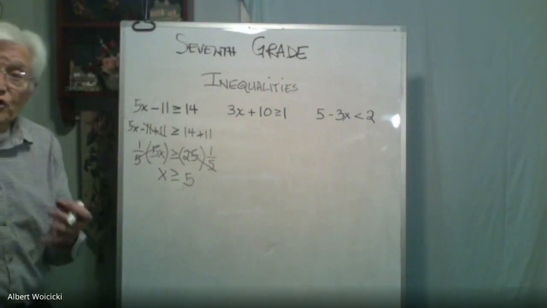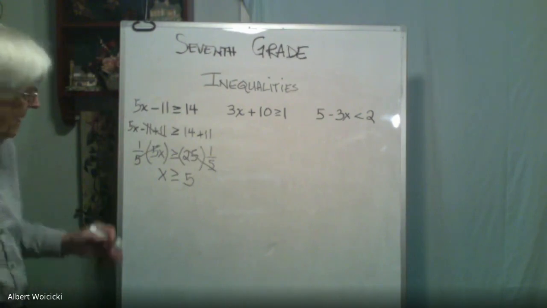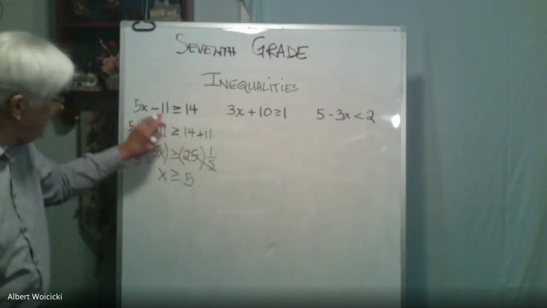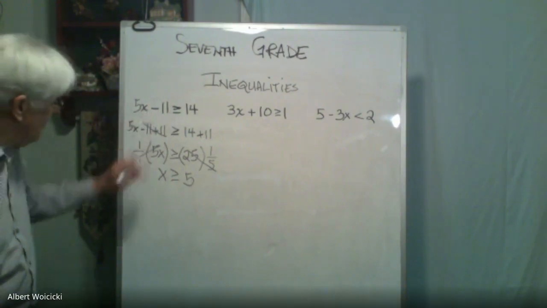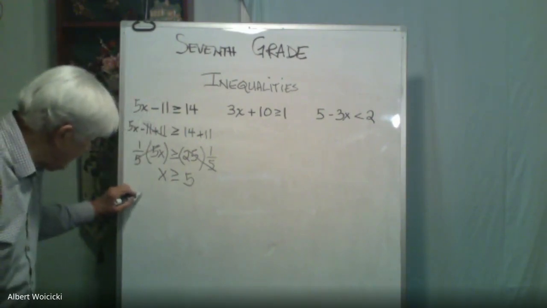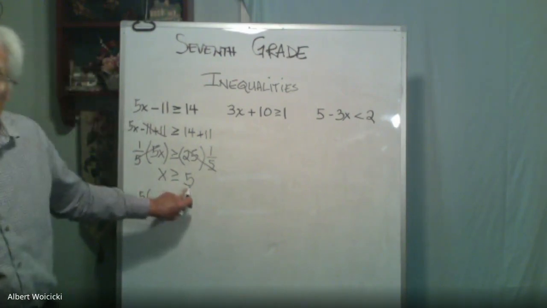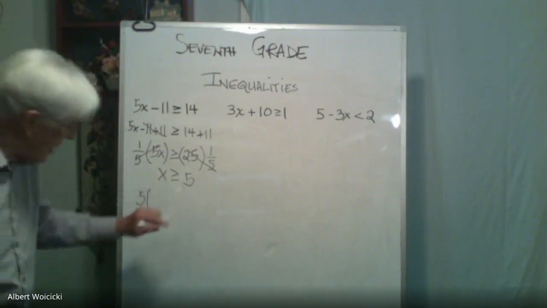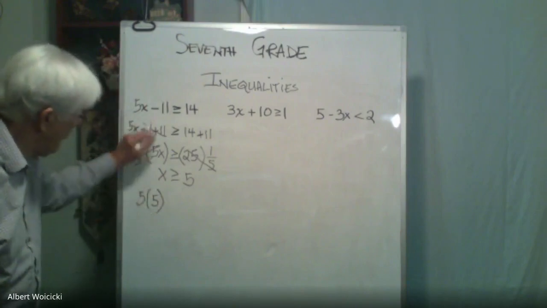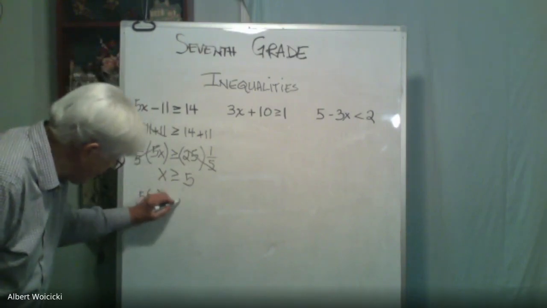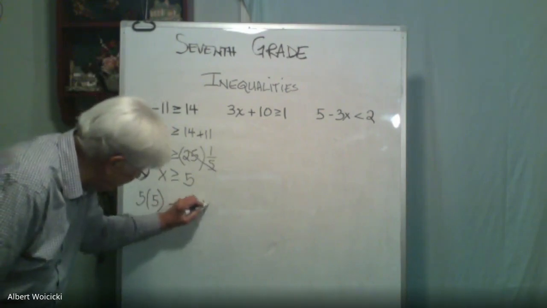Now, we check the same way we check when we do an equation. So we put the 5 back into our original statement. Our original statement says 5 times, and this is our answer, so let's put a 5 here, subtract 11 is greater than or equal to 14.